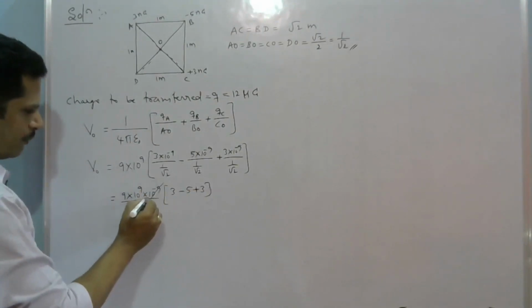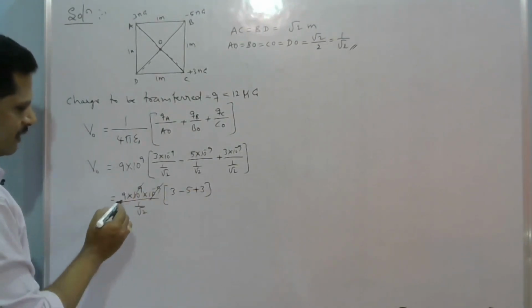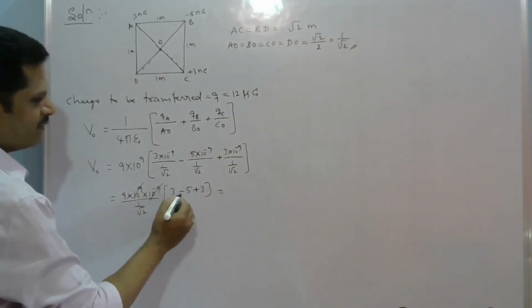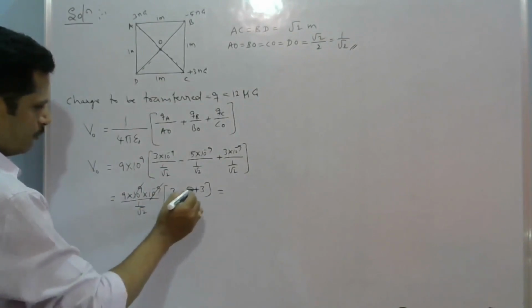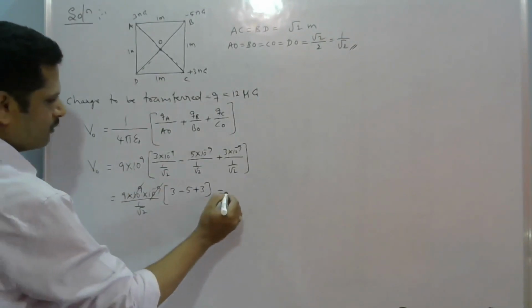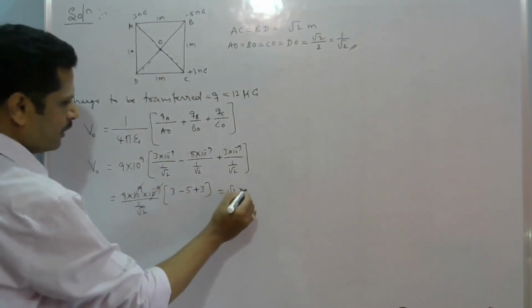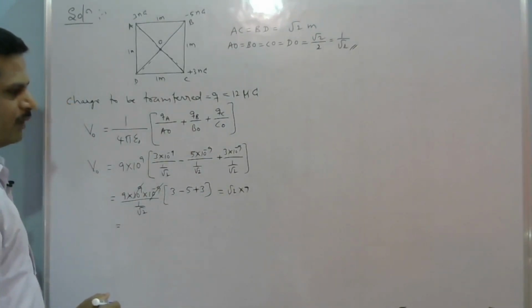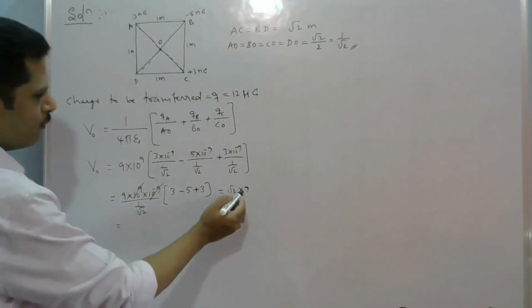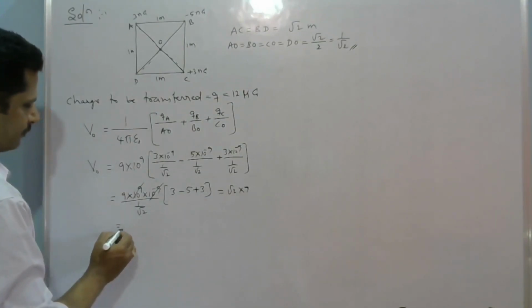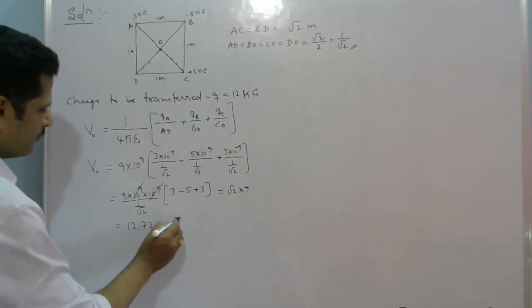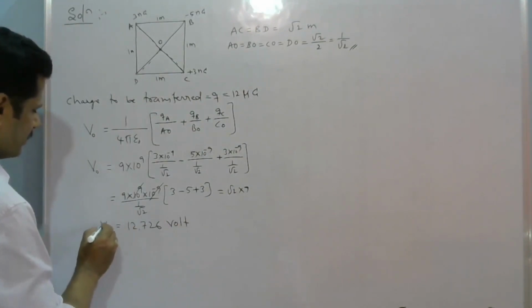The 10 to the power of minus 9 and 10 to the power of plus 9 cancel. Here 3 plus 3 is 6, minus 5 is 1, so it becomes 1. Then it is root 2 into 9. The value of root 2 is 1.414, so 1.414 into 9 equals 12.726 volt. This is V_O.